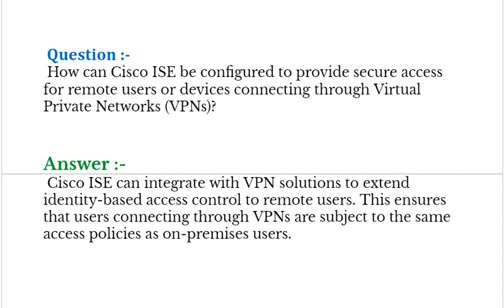Your answer should be: Cisco ISE can integrate with VPN solutions to extend identity based access control to remote users. This ensures that users connecting through VPNs are subject to the same access policies as on premises users.